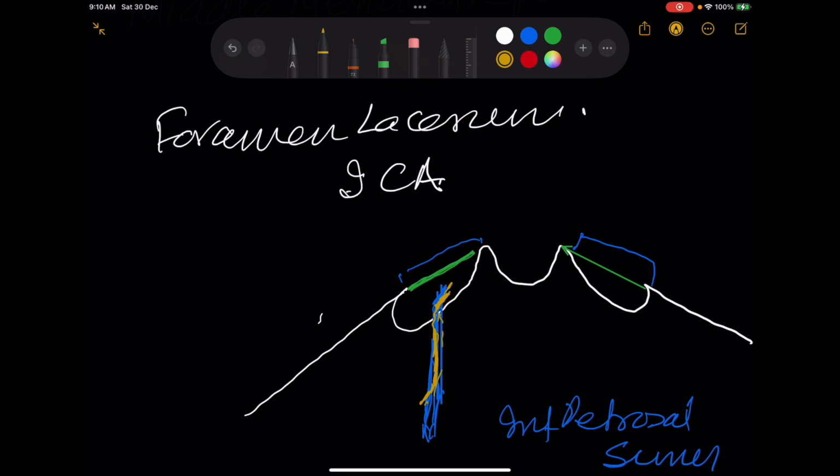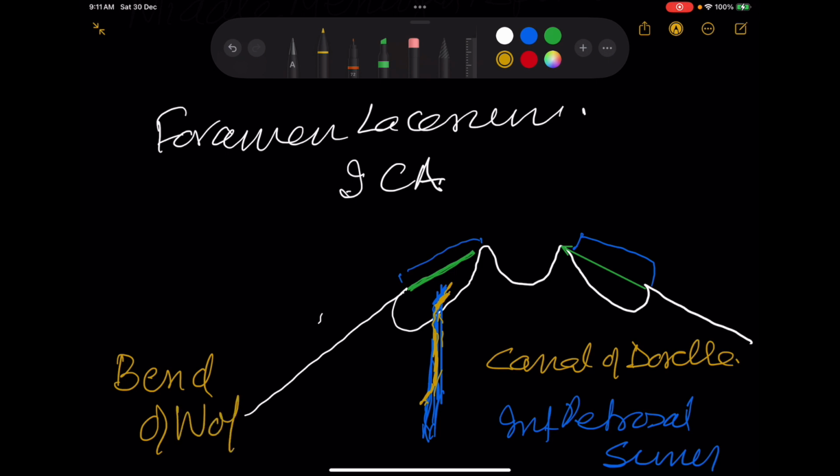So this nerve lying in this inferior petrosal sinus is called the canal of Dorello, and this bend is called the bend of Wolf, and this ligament is called the petrosphenoid ligament of Gruber.